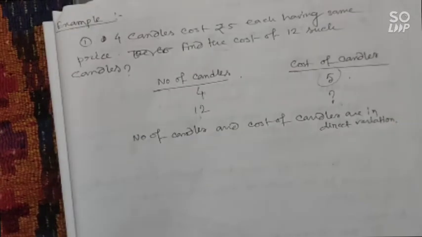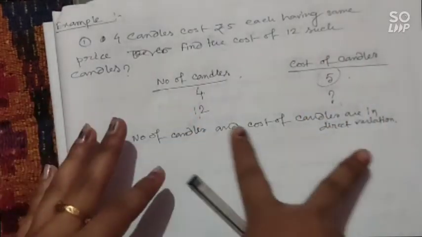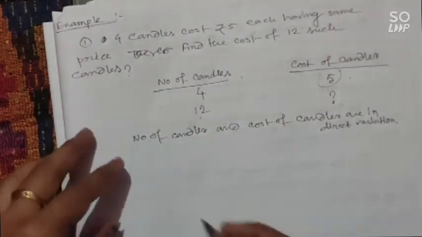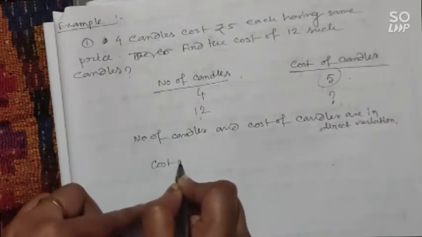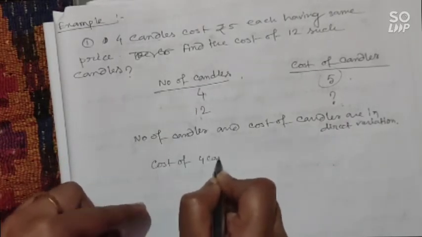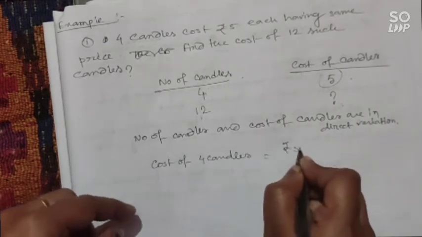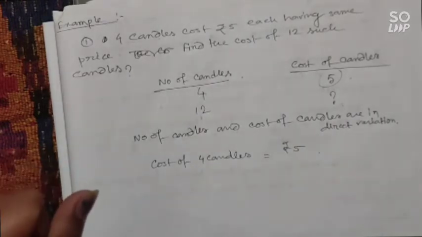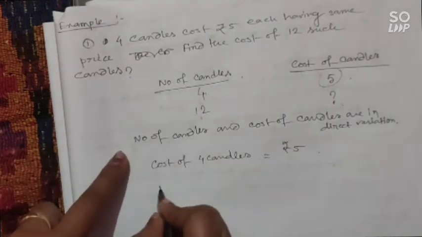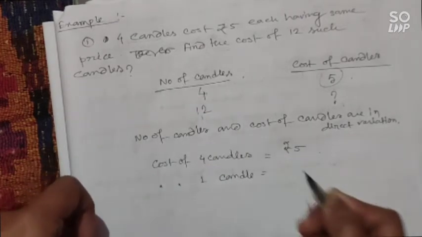Okay, so first we will convert this data into mathematical statements. Cost of 4 candles is 5 rupees. Then you have to find the information of one quantity, so the cost of 1 candle. This is in direct variation.